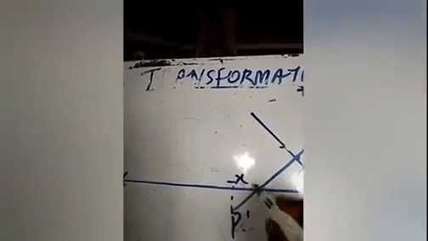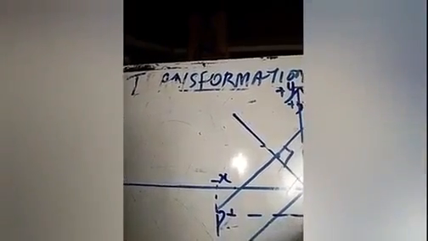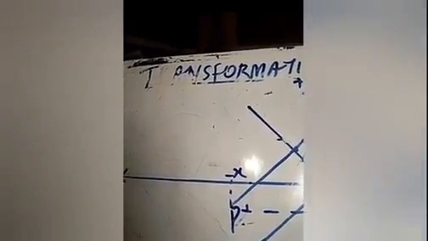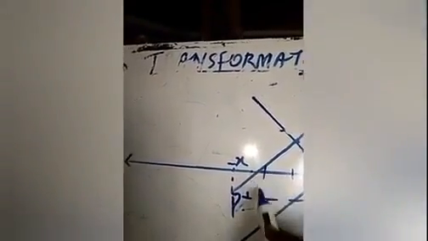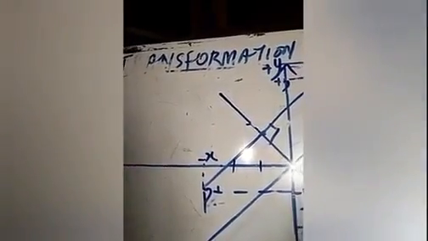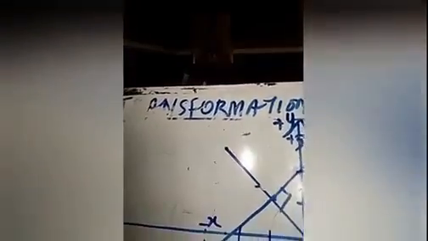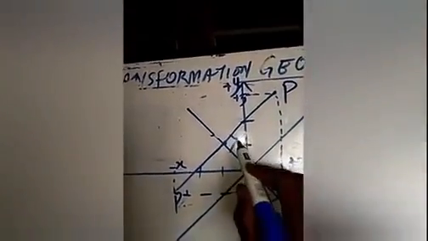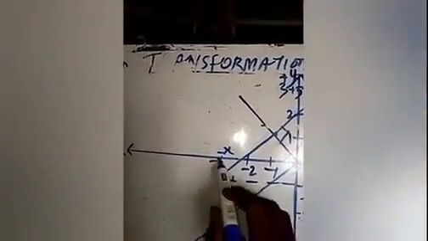So if my P prime is formed here, remember, something will happen. If I trace this to be my negative x, and if I trace it to be my negative y, and don't just only notice that, let's take a proper graduation here: 1, 2, 3. So here I have 1, 2, 3, and 1, 2, 3, minus 1, minus 2, minus 3.